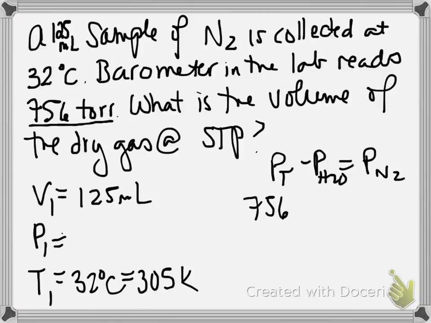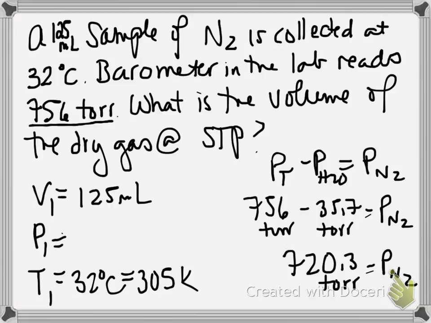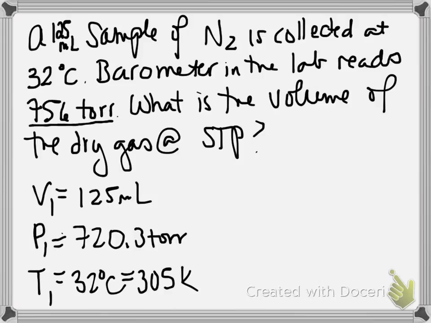So 756 torr, and using the chart on your quiz, partial vapor pressure of water at 32 is 35.7 torr, and now we have the pressure of our nitrogen. Okay, so what do we get for the pressure of our nitrogen? Okay, so that pressure of nitrogen is going to be our P1. So 720.3 torr. Okay, I'm going to get rid of all of this because we've used it, we know what we did with it.